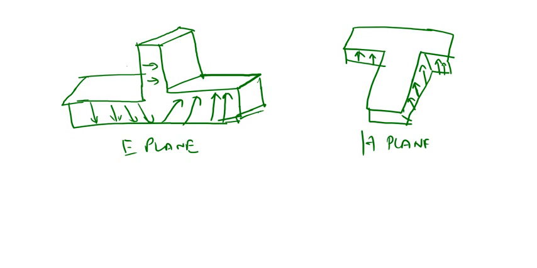Please forgive me, my drawing is not good. You will find these diagrams in textbooks. Just see this shape: this is an E-plane waveguide T junction.